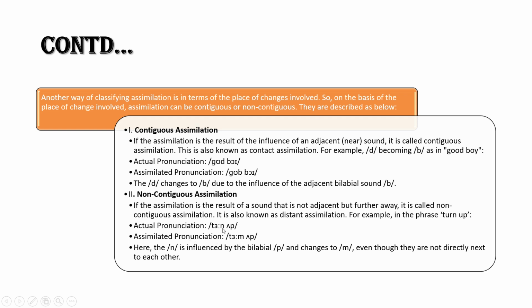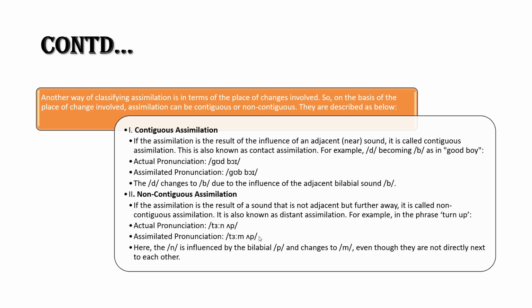So here this no sound of turn changes into mo, and it is not because of the influence of the o sound of up, but because of the influence of the po sound, the final sound, not a near sound but a distant sound. So this type of assimilation is called non-contiguous assimilation.